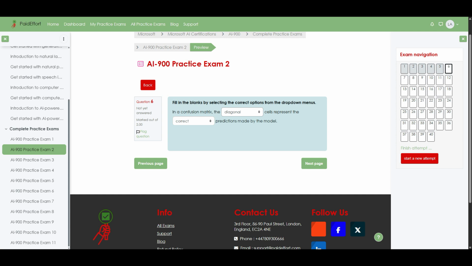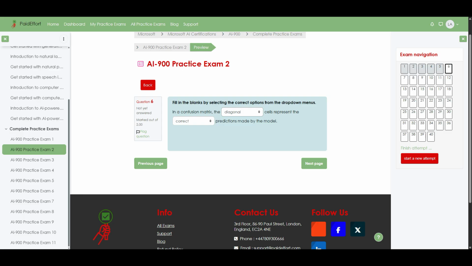So if a model is classifying animals and predicts dog when the actual label is also dog, that prediction falls on the diagonal. These diagonal cells are referred to as correct predictions because they reflect true positives in binary classification or correctly classified labels in multi-class settings. Every off-diagonal entry, by contrast, represents a mistake, either a false positive or false negative.